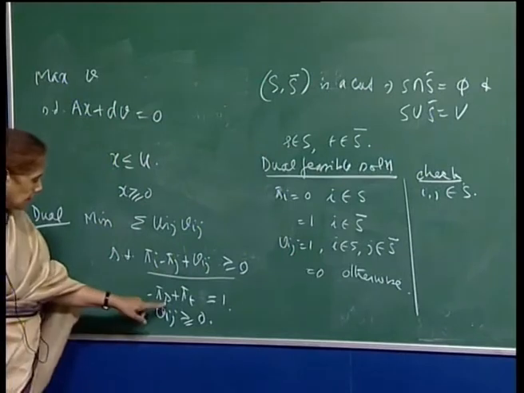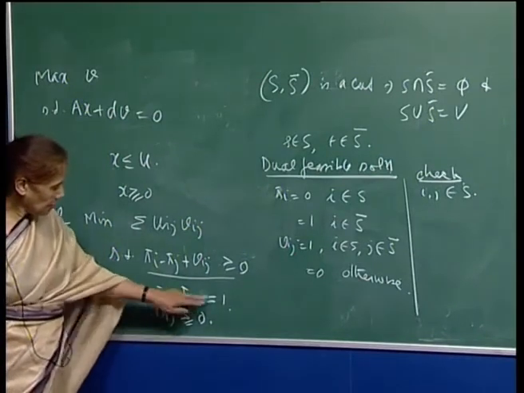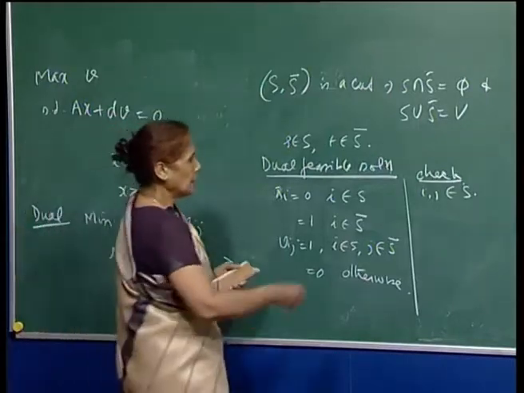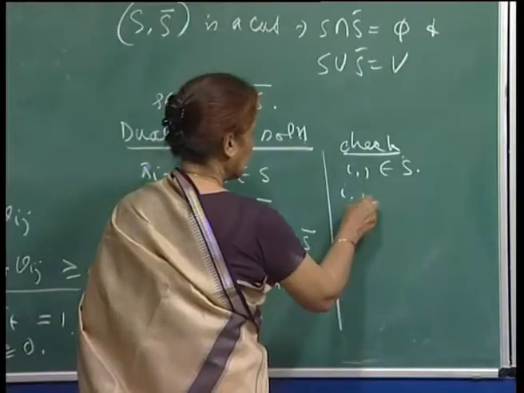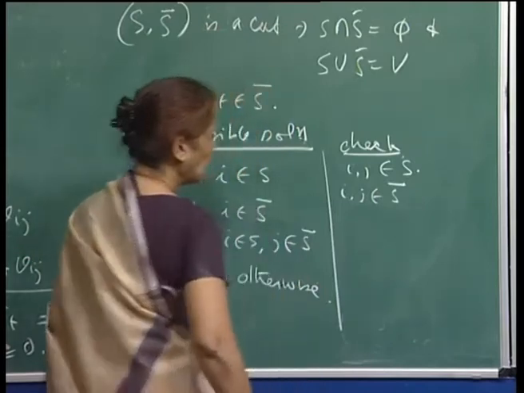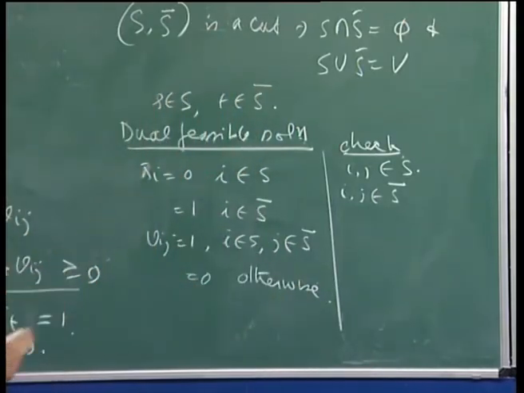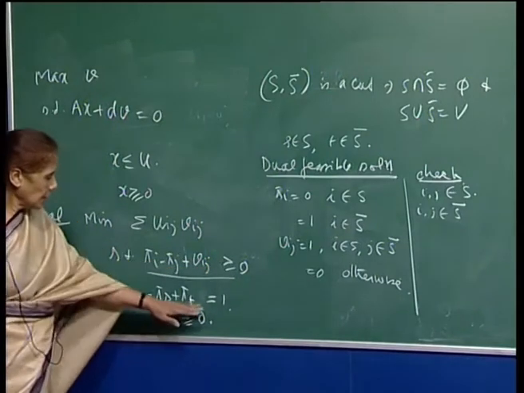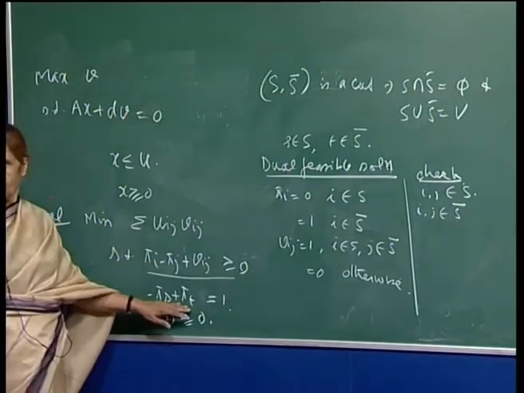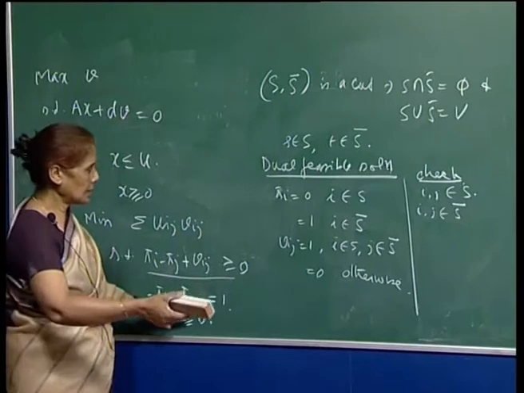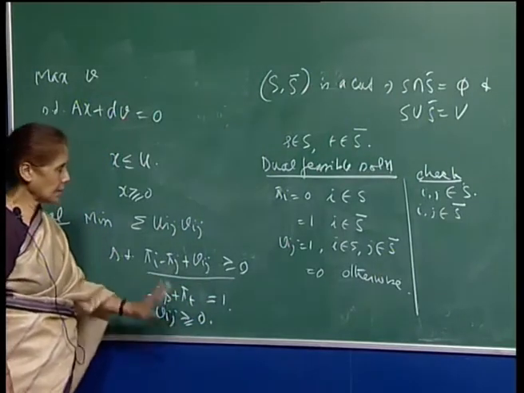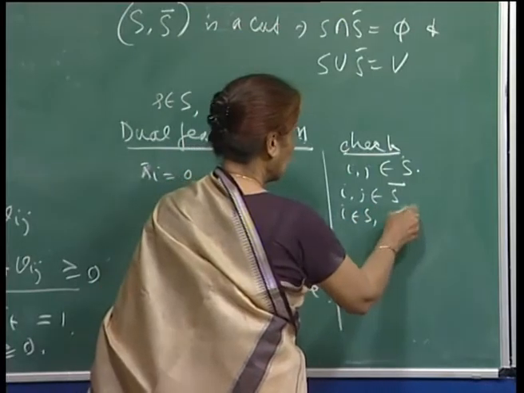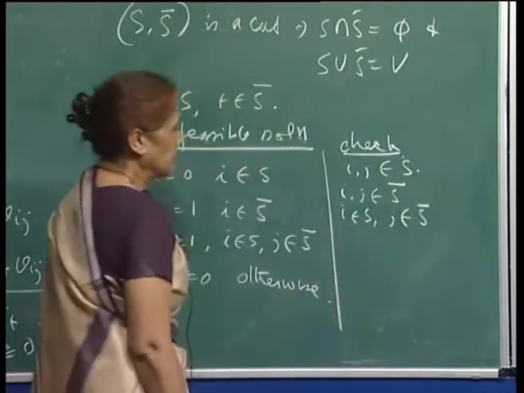And here this is 0, this is 1, so this is satisfied, and the vij's are non-negative. If i and j both belong to S bar, then both are 1, so this is 0, and again this is satisfied. This will continue to be satisfied because s is in S and t is in S bar.